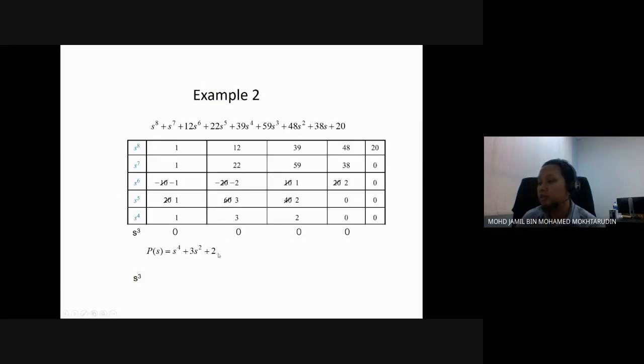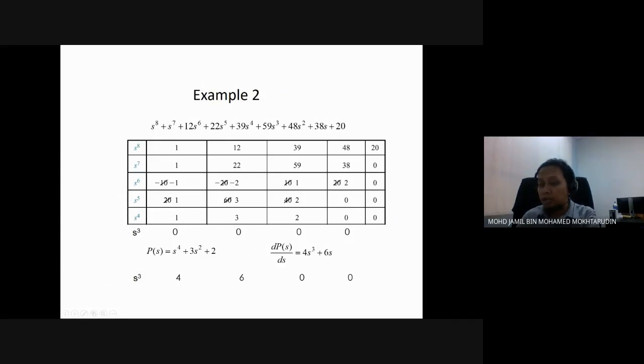So you don't have to write s. And then from this polynomial, you differentiate it. So you will get 4s cubed plus 6s. And then you use the coefficients of this polynomial to replace the zeros in the s cubed row. So the s cubed row will become 4, 6, 0, 0.